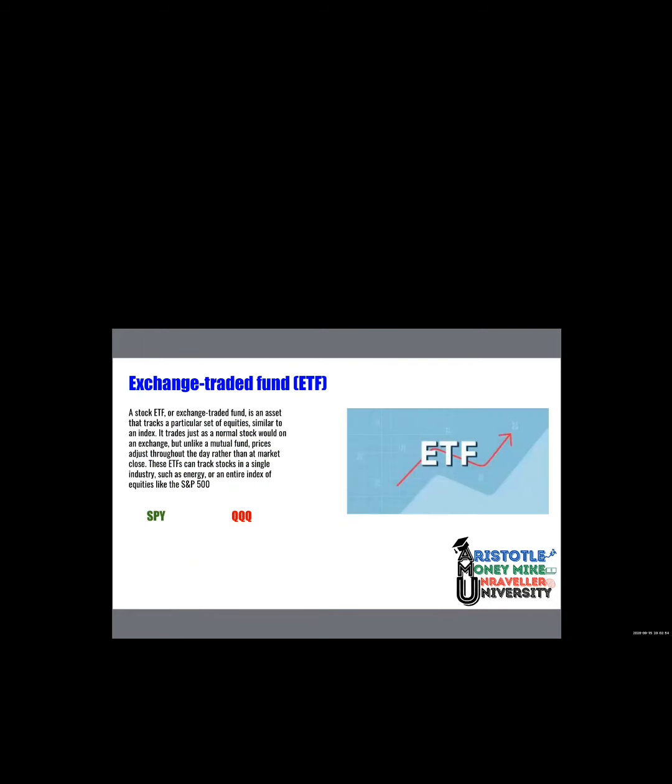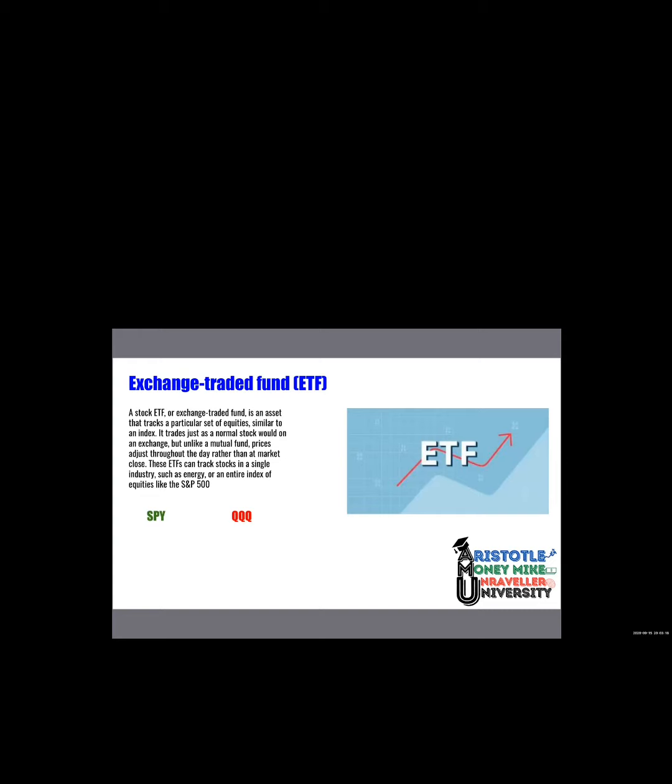So first thing you guys need to know is, what is an ETF? You will see this term a lot. It is an exchange traded fund. So basically it is a fund comprised of lots of companies. It's pretty much like a large investment portfolio. A stock ETF, or exchange traded fund, is an asset that tracks a particular set of equities, similar to an index.